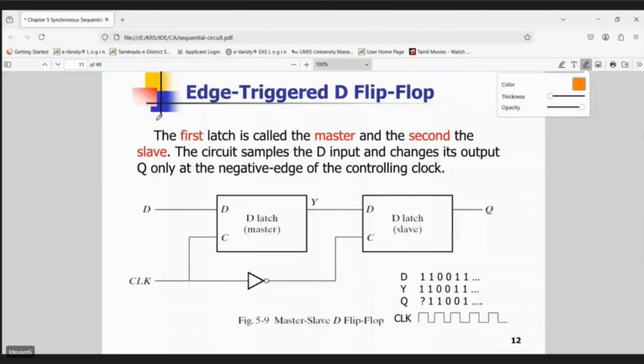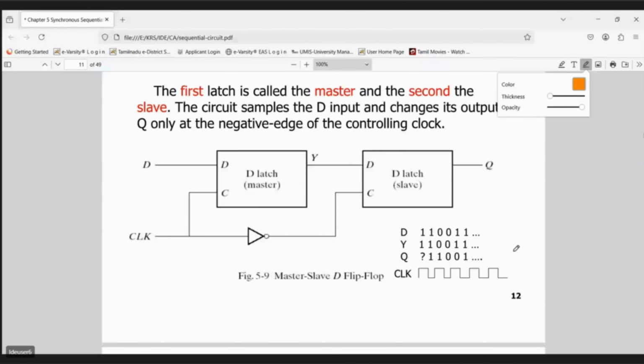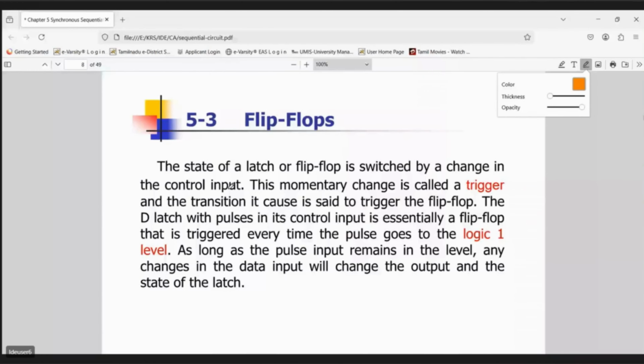The circuit samples the D input and changes its output Q only on the negative edges of the controlling clock. It's a master slave D flip flop. So it's a D latch. As we already said, D is an input and control is the clock. Similarly, the first is the master, the second is the slave, and then the clock pulse. We already saw the D latch, and based on this we get the output here.